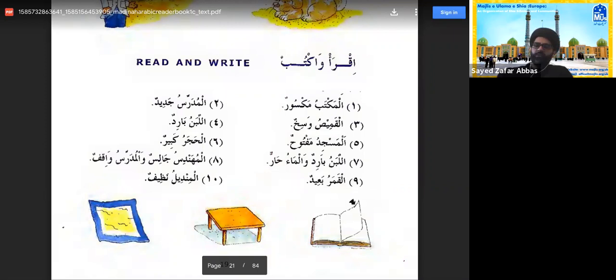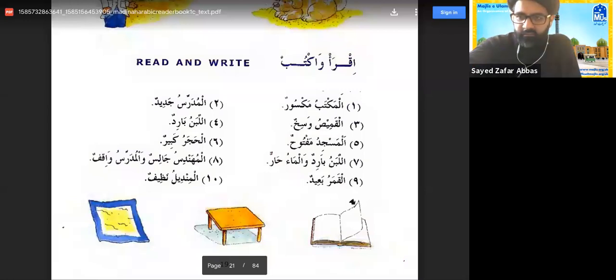If we go to the next page. If we can scroll to the next page. If we can go to the next page.